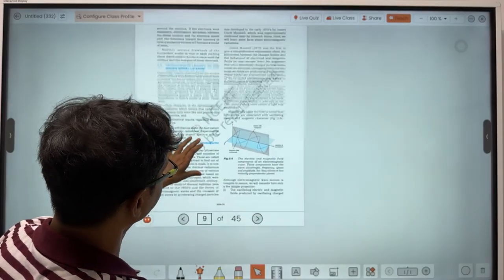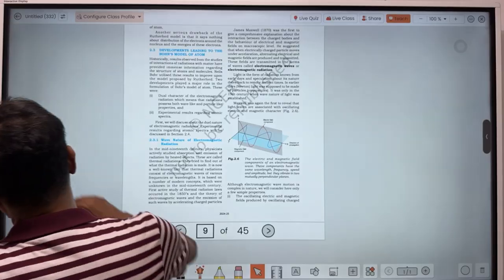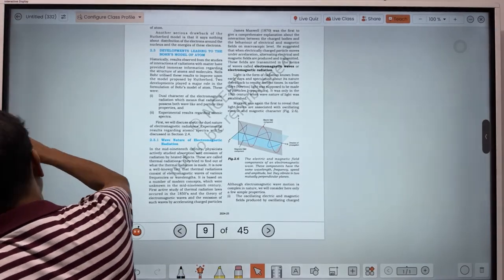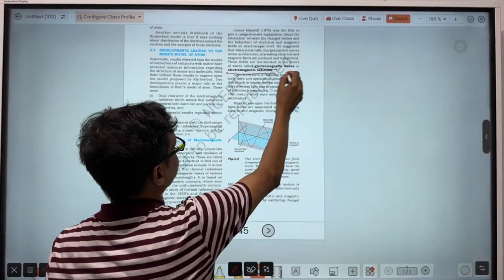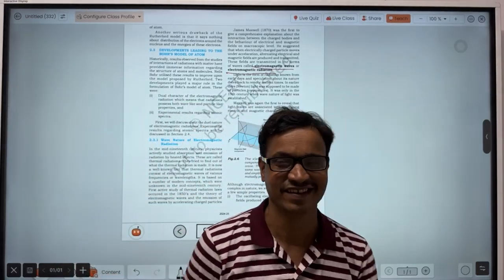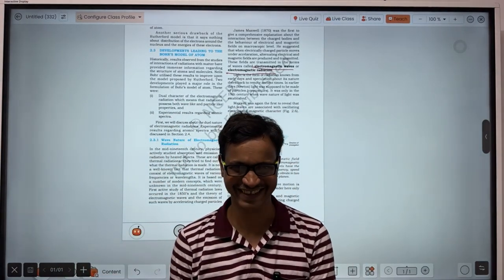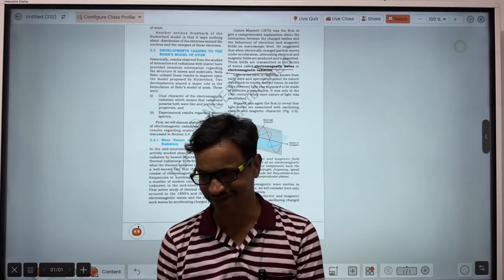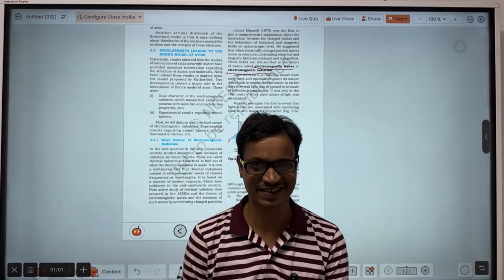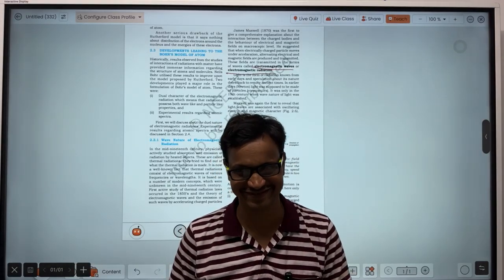Okay, then after is light. What about light? Light is an electromagnetic radiation, or electromagnetic waves. Okay, so maybe before the 11th class you don't know what the meaning of electromagnetic wave actually is.